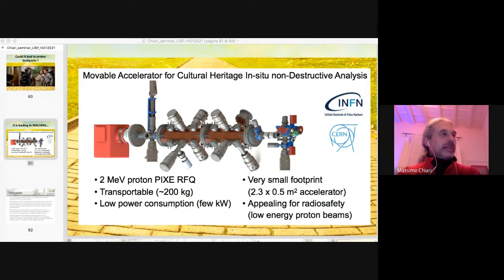So I think that MeV analysis has an important role in multidisciplinary or interdisciplinary applications. For example, environment, climate, forensics, food fraud, and so on, and also cultural heritage.